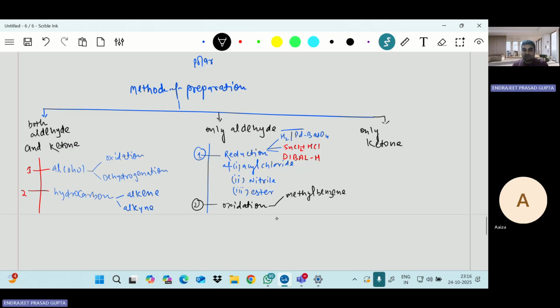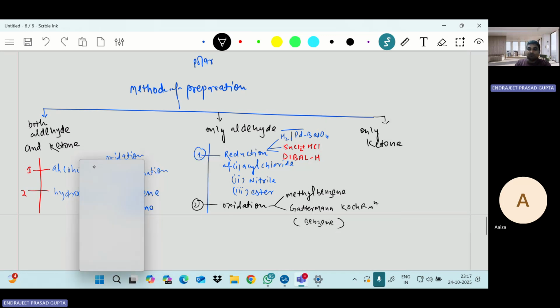And then the Gattermann-Koch reaction, which is very important. Here, benzene will be oxidized into benzaldehyde. Am I clear? So we have two methods, reduction and oxidation, for the synthesis of aldehyde.